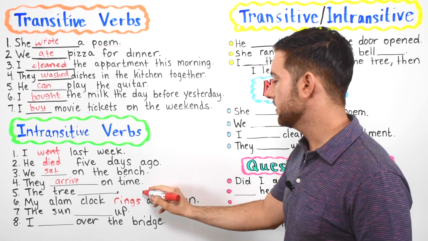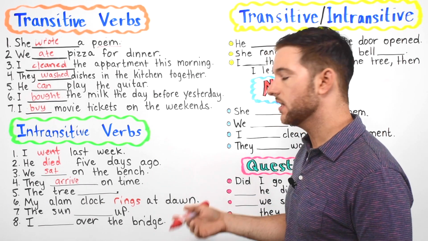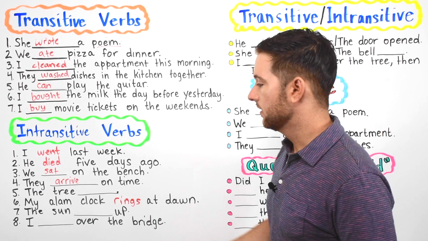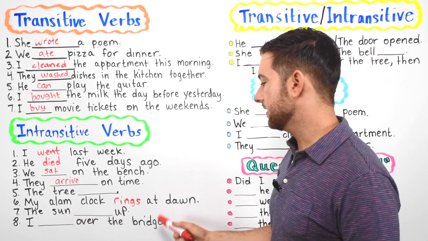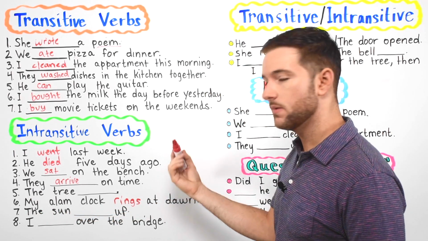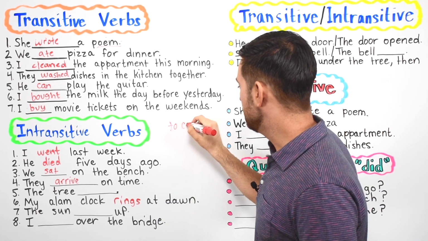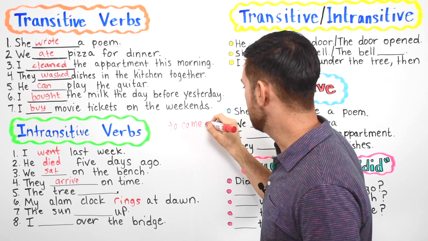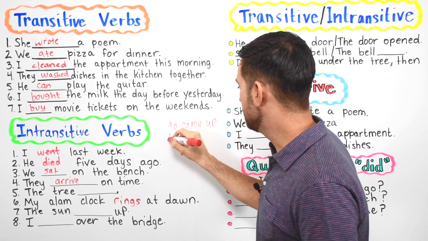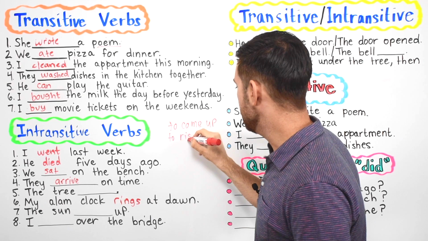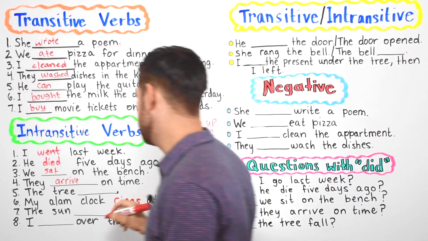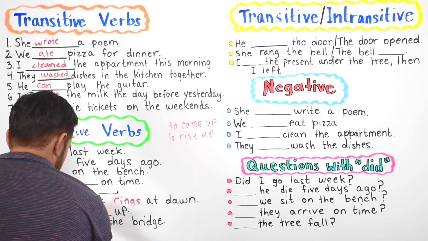Rings is like when it goes beep, beep, beep, and you wake up in the morning. Number 7, the sun blank up. We could say to come up, or you could say to rise up. The sun came up.